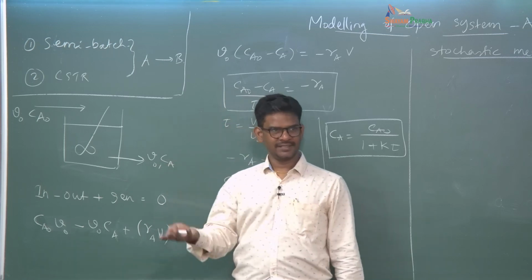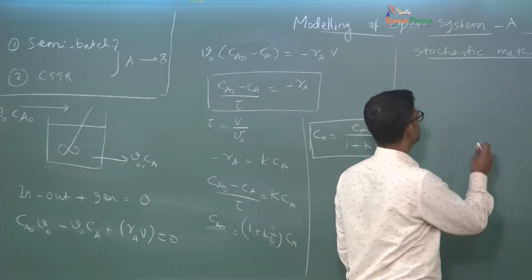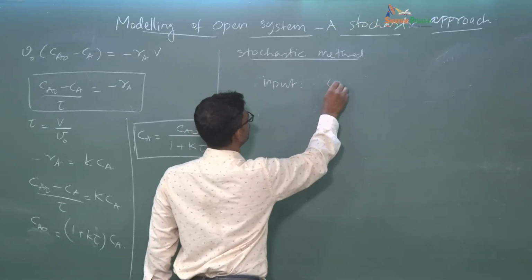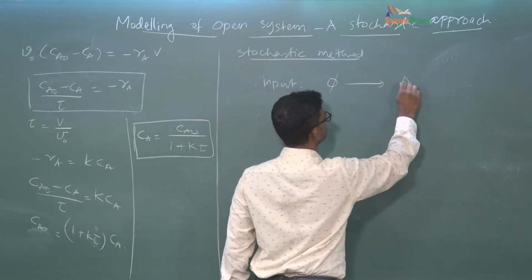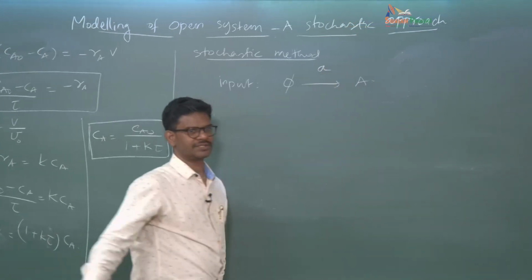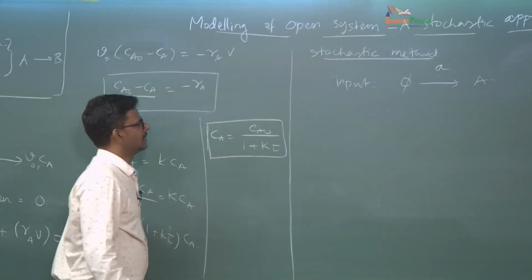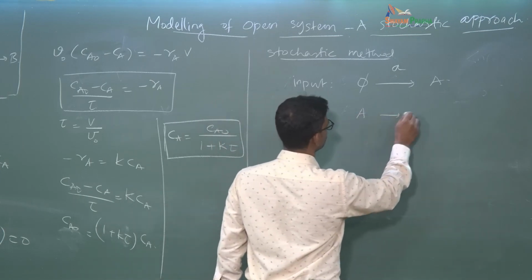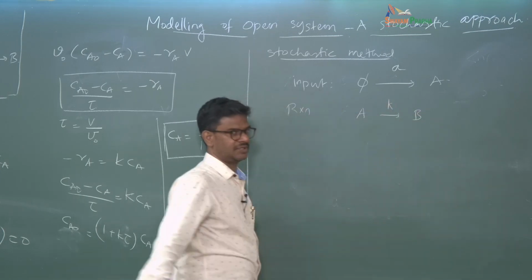If you add that, then we know how to solve this problem. So for injection or input, we think of some source term adding A with some rate constant A, which we already saw, and then reaction A going to B with some rate constant K.